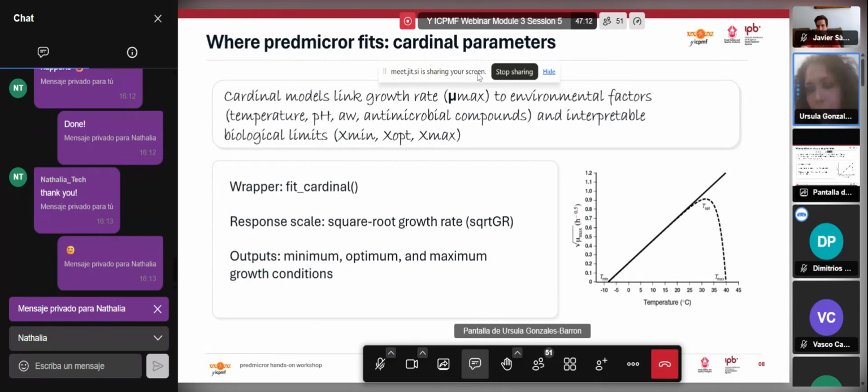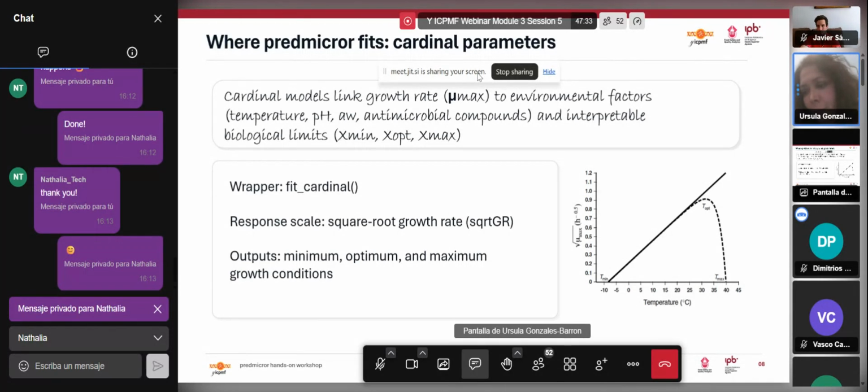This has to do with issues of heteroscedasticity, and so it has to be processed like that, as a square root. Okay, and the output would be the cardinal parameters. The cardinal parameters are the minimum, optimum, and maximum growth conditions.